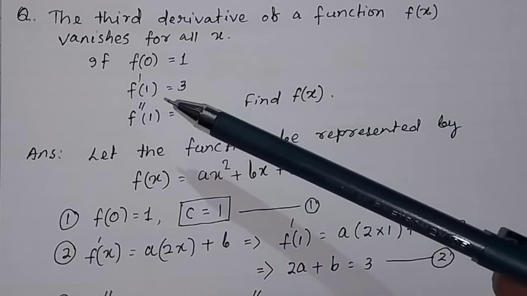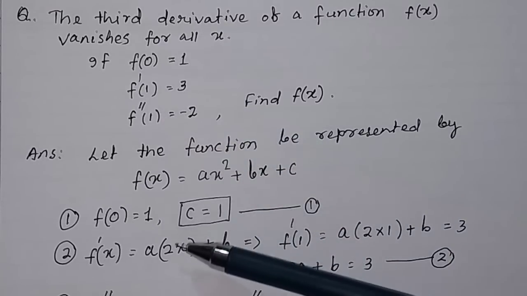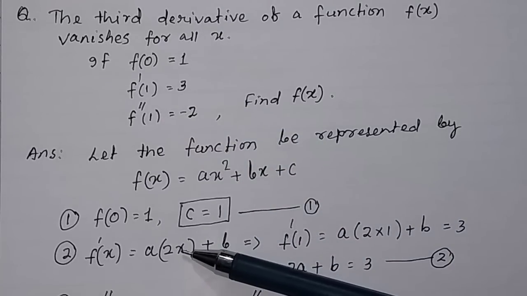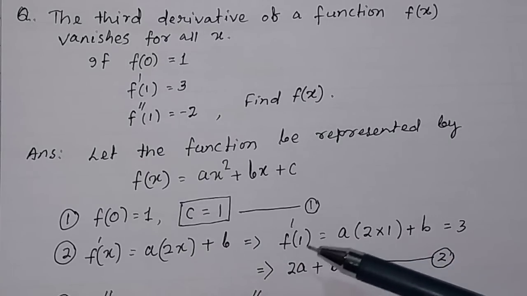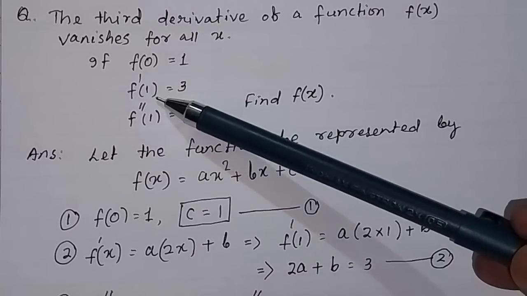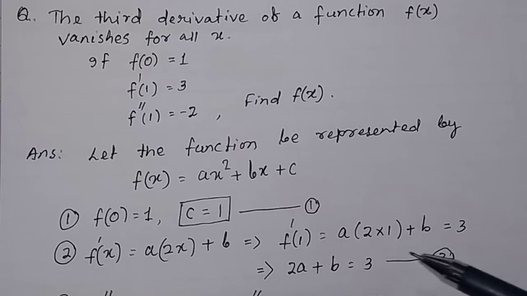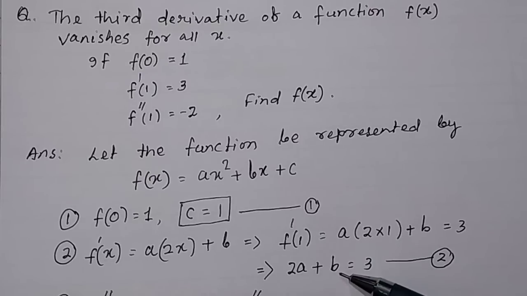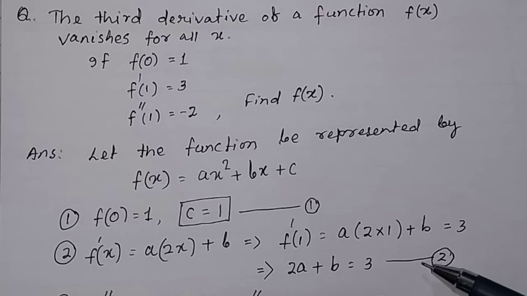It is given that the first derivative at x equal to 1 is equal to 3. So if you put x equal to 1 here, this will be 2 into 1 into a plus b, and f'(1), the first derivative at x equal to 1, is given as 3. So 2a + b will be equal to 3. Suppose this is equation number 2.